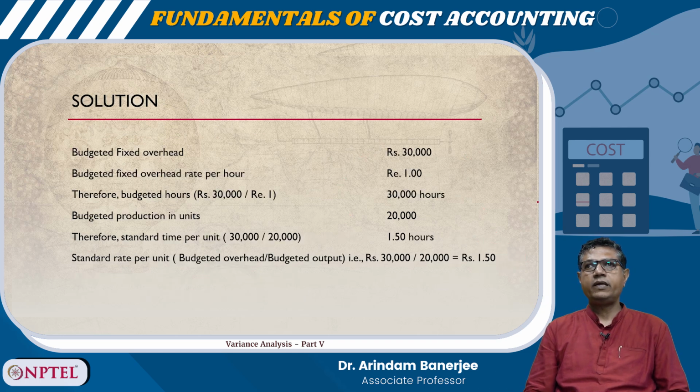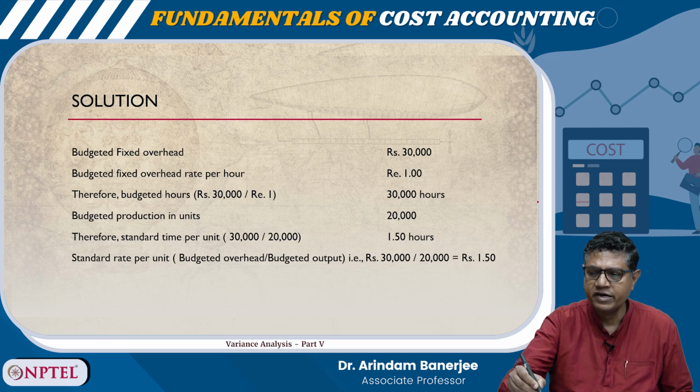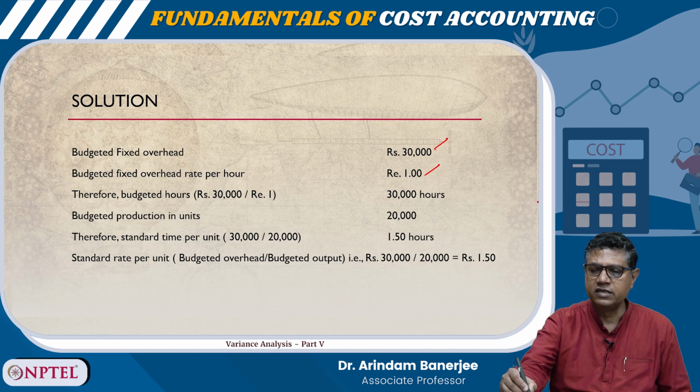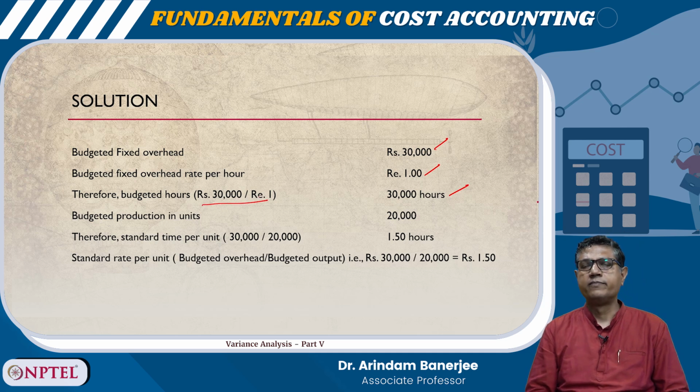So, budgeted fixed overhead is 30,000. This is the solution. Budgeted fixed overhead is given 30,000, fixed overhead rate per hour 1 rupee. Therefore, budgeted hours is 30,000 hours, that is 30,000 rupees divided by rupee 1.